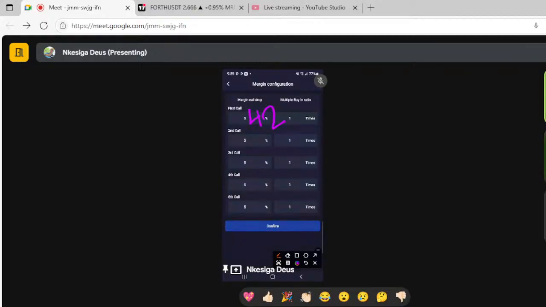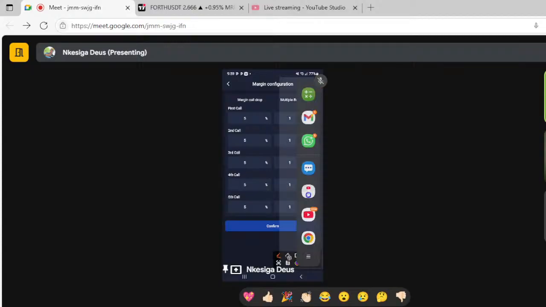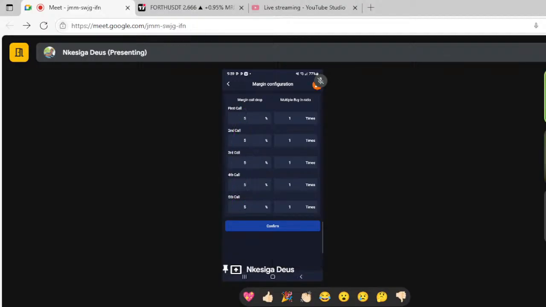But in futures, for the market to drop 8% is just a second. It can definitely drop. Hope you are getting it, Emmanuel. So make sure the percentage you are putting here, calculate it very well. That's why I told you put big, such that you can manage the market. But if you put 2 or 3, in futures it is another thing.